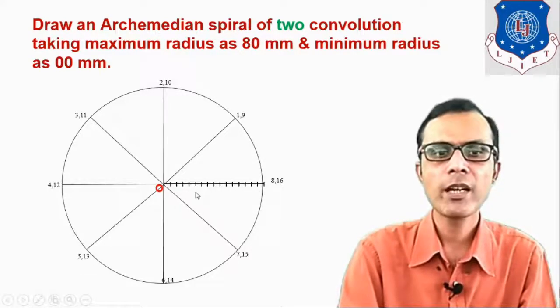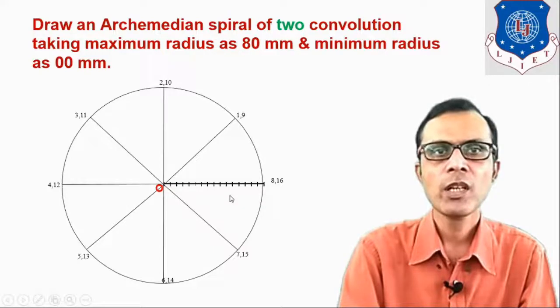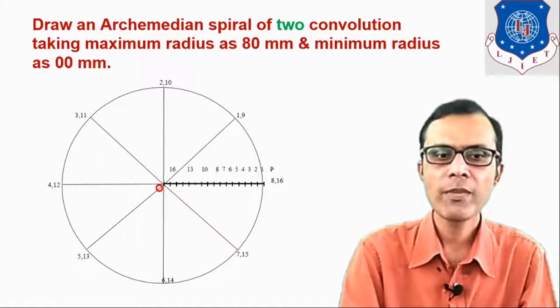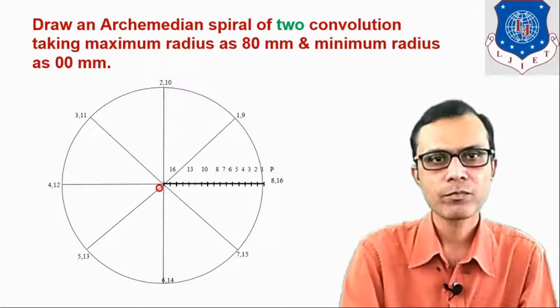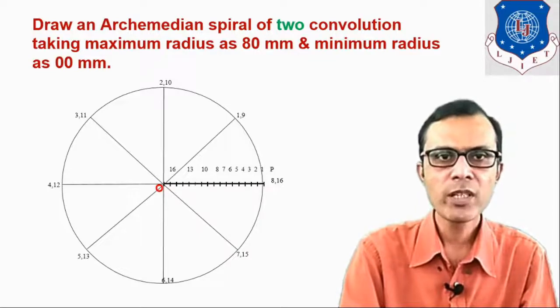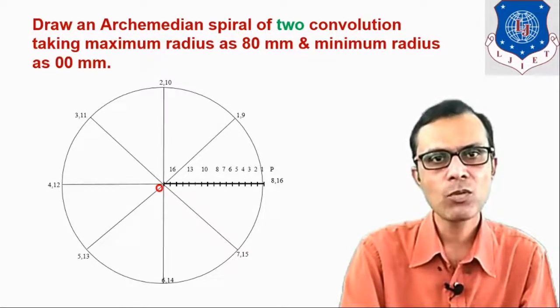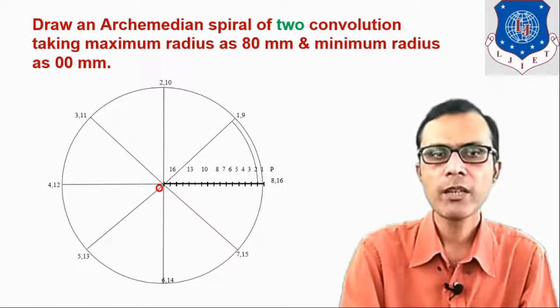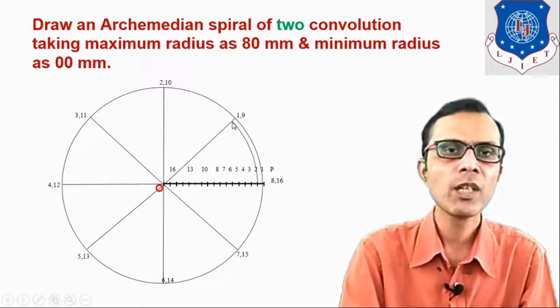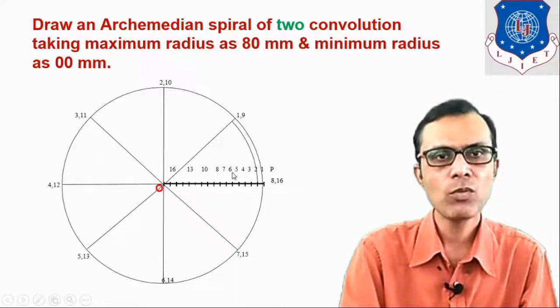Now we have to divide this OP dimension also into 16 equal divisions, and we have to mark each and every point. Now we follow the same procedure: keep O as the center point, compass size equal to O1, and draw an arc till we get the intersecting point on the O1 position of the link. Then compass size O2, then O3.